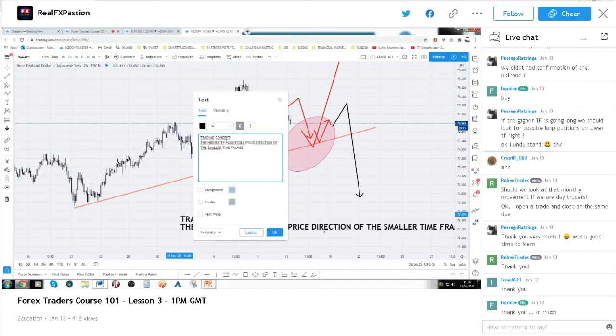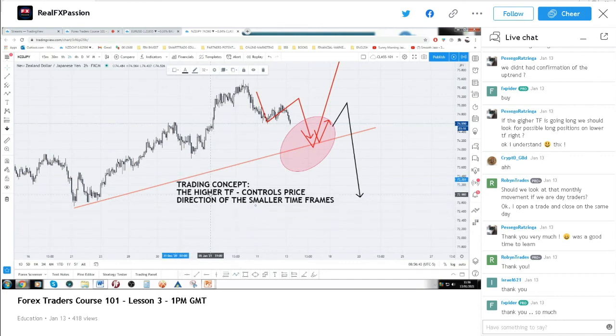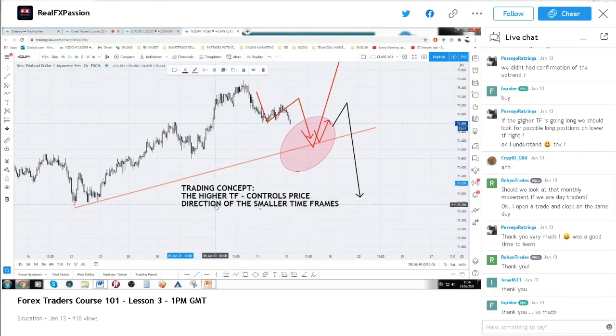Starting from today, every time that you lose on a smaller time frame, just remember this trading concept: the higher time frame controls price direction and movement of the smaller time frames.